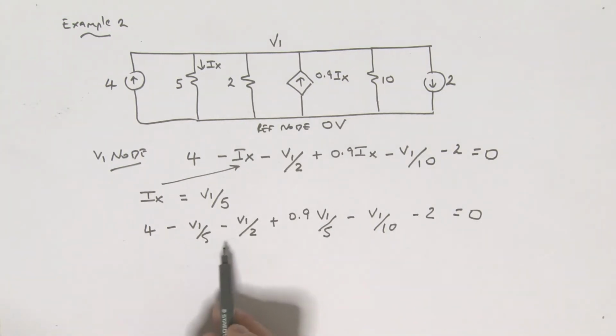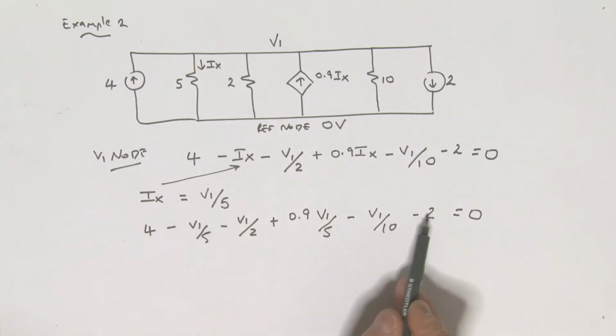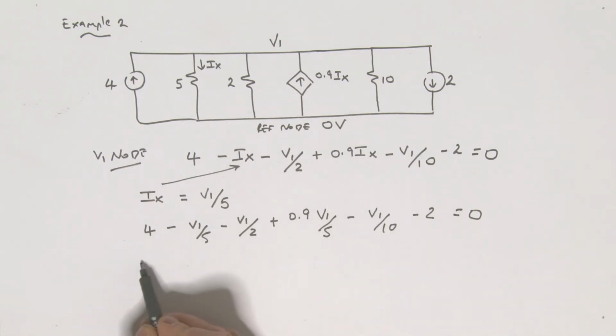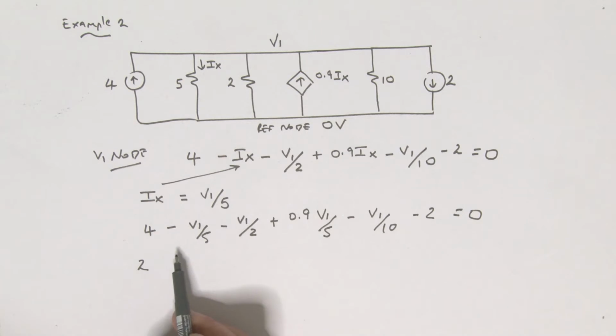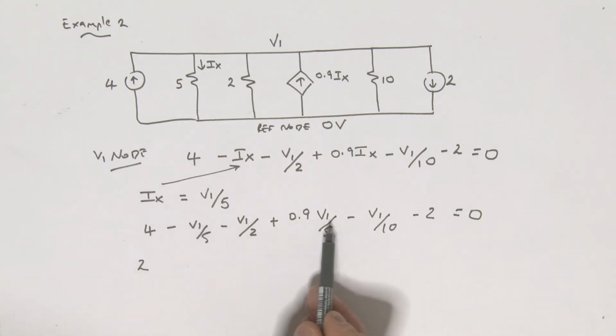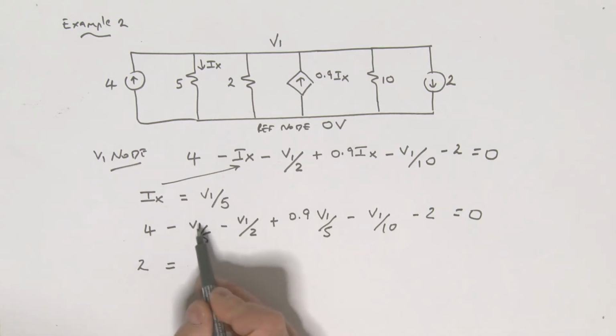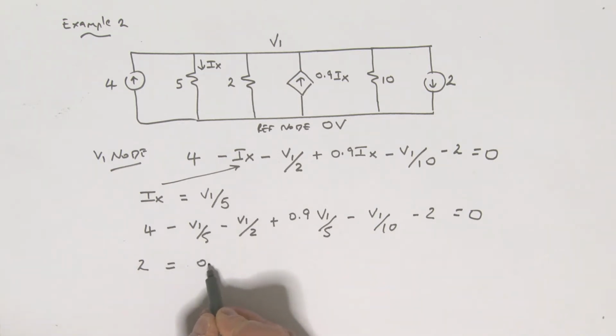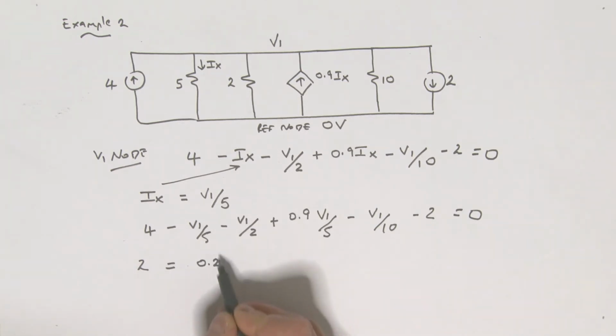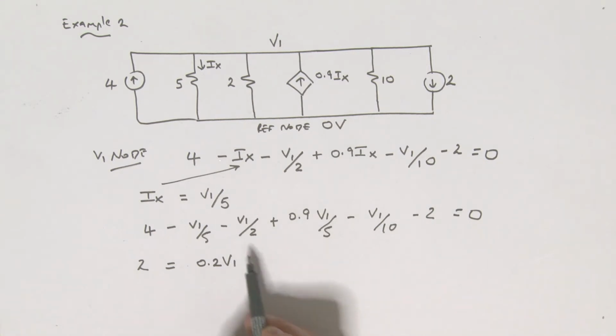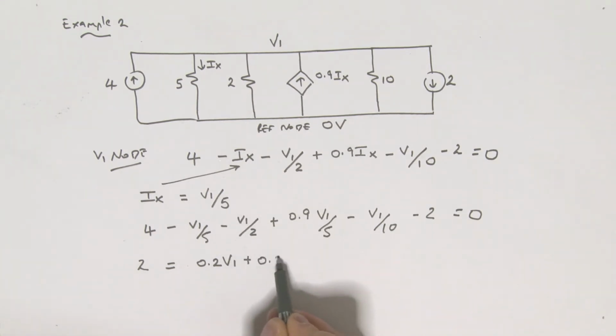Collecting my terms together, what do I have? I have 4 minus 2, which gives me a 2. Let me take all the V1 terms to the other side. So that is equal to, this going to the other side, V1 over 5, that's 0.2 V1. This one over here is a plus 0.5 V1.